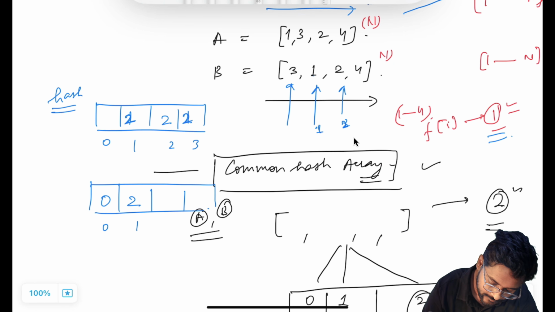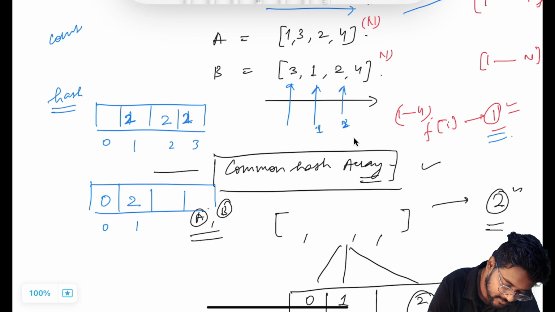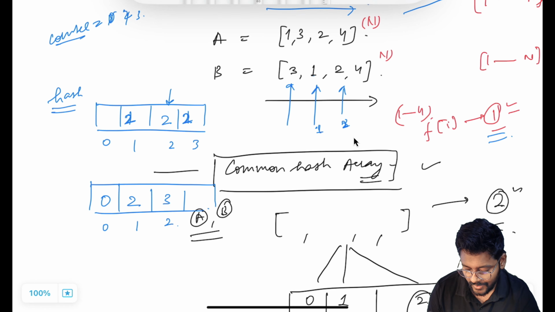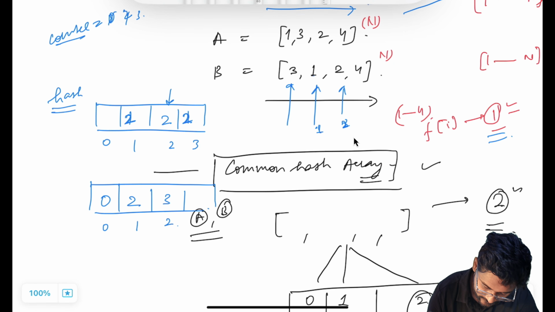So the counter is initially 0, then at index 1 it has become 2, and at index 2 one more 2 has appeared, so it has become 3. So till index 2, the common elements we have encountered are 3.